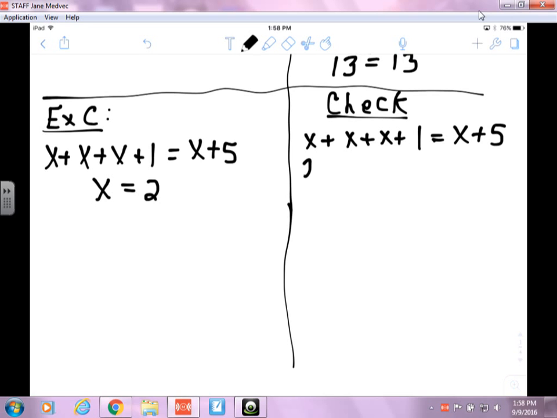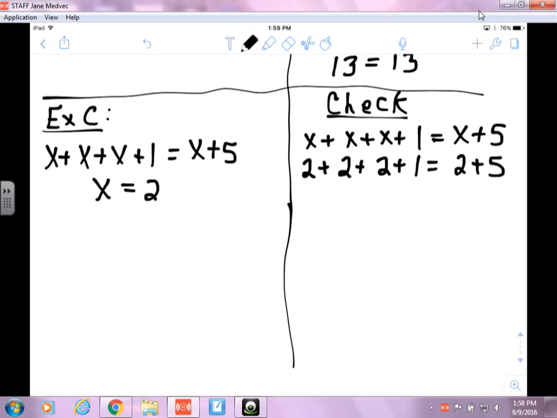So I'm going to go 2 plus 2 plus 2 plus 1 equals 2 plus 5. Okay? And I'm going to go from left to what? Right. One step at a time.